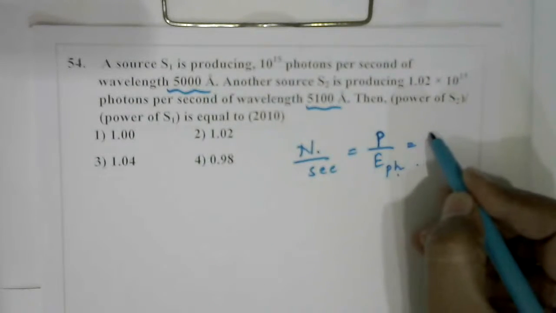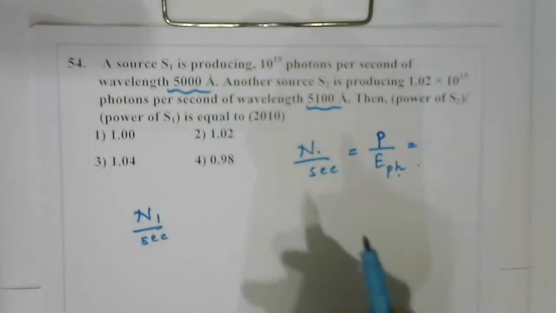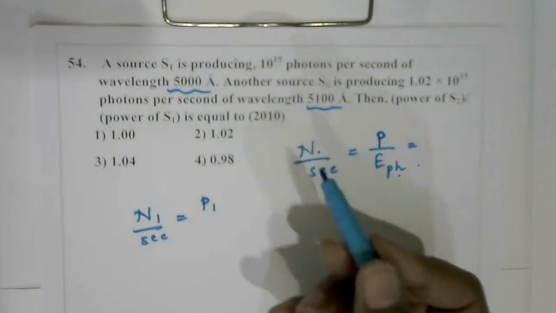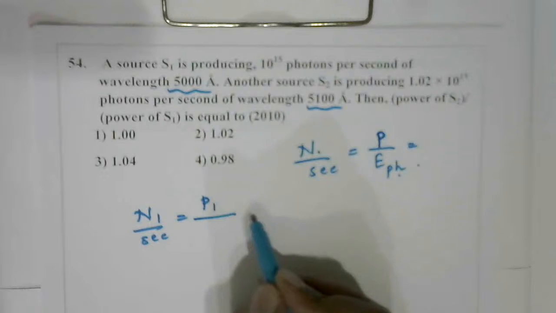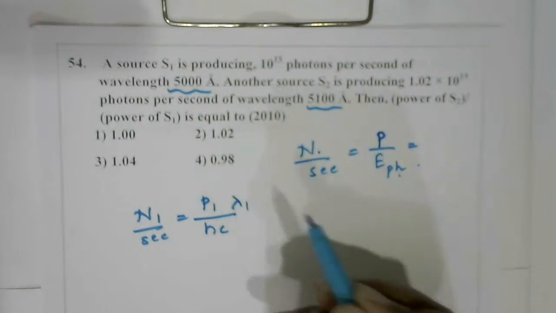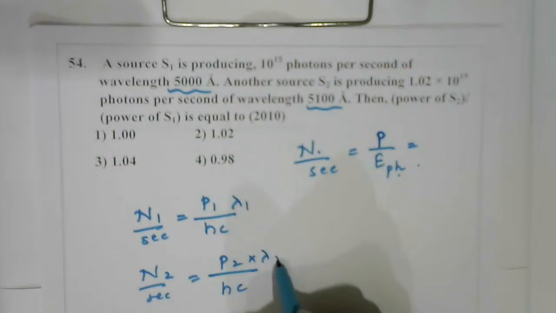So further I can write N1 per second equal to P1 of S1 divided by hc by lambda 1, whereas N2 per second will be equal to P2 divided by hc by lambda 2.